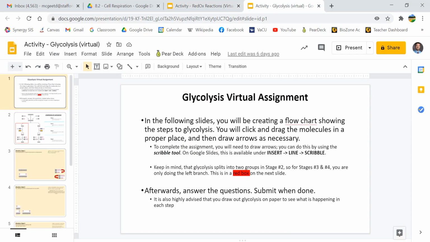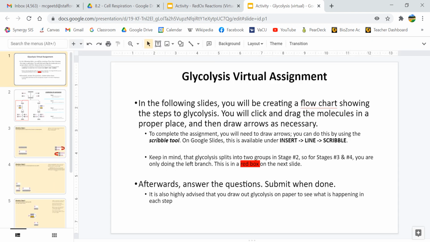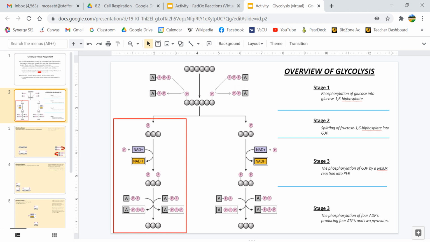Now, what we're going to do is quickly take a look at glycolysis and how this entire process works. So, an overview of glycolysis. What we're doing is we're going to break down glucose. And when it splits in half, we're going to go down two distinct pathways. And at the end, we're going to be left with some ATP down here, which I put in the boxes. And we're going to be left with 2 pyruvates.